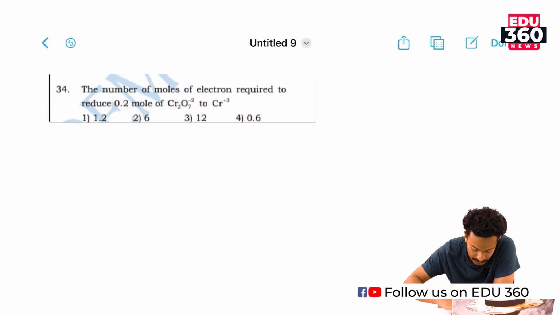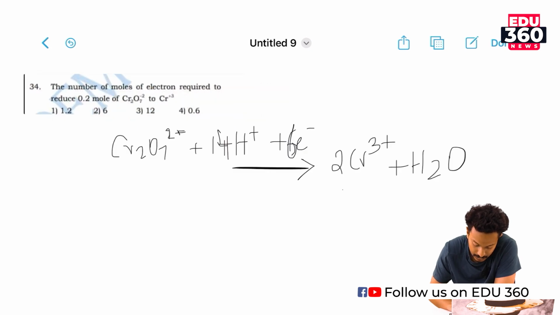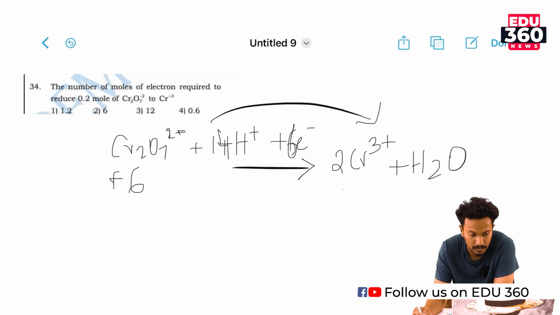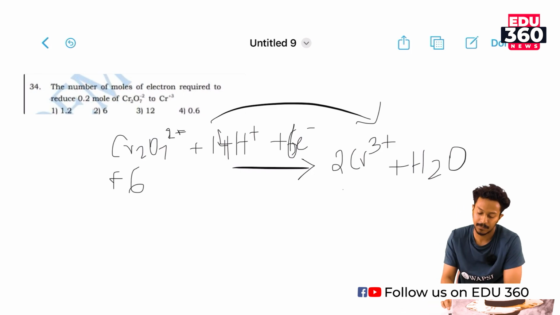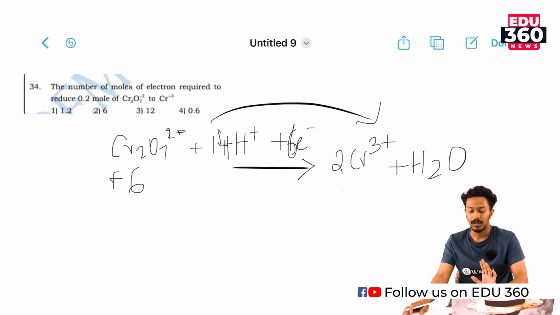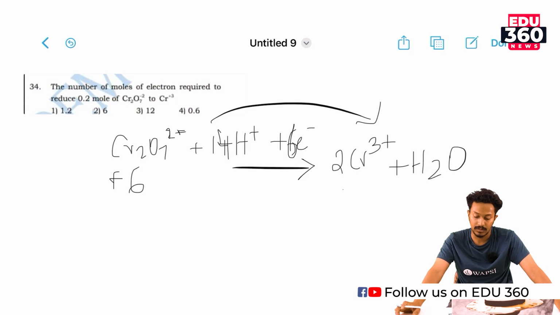Here 1 mole of Cr2O7 2- is converted to 2 moles of Cr3+, and the oxidation state of chromium here is plus 6. It is reduced to plus 3. Okay, this is the reaction for this question.